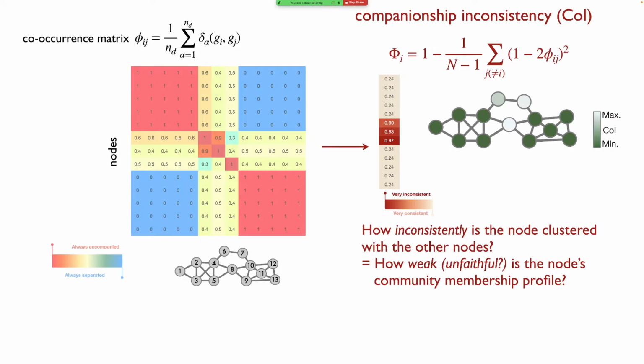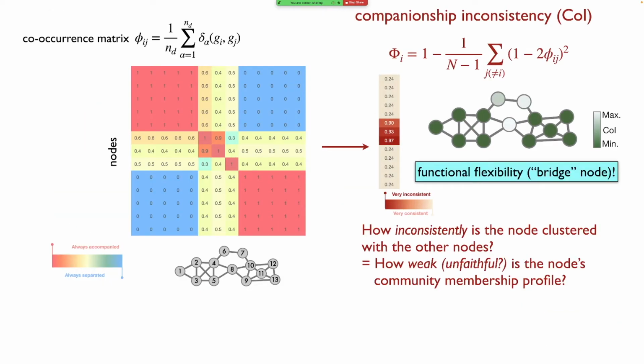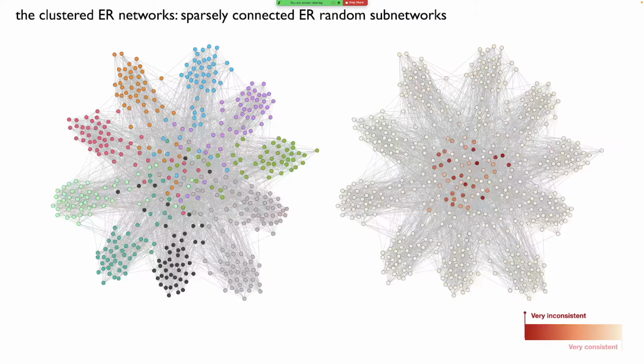And if you are familiar with node centralities in network science, you may ask whether this kind of bridginess can be detected with the well-known centrality called betweenness centrality as well. But here's our counterexample.